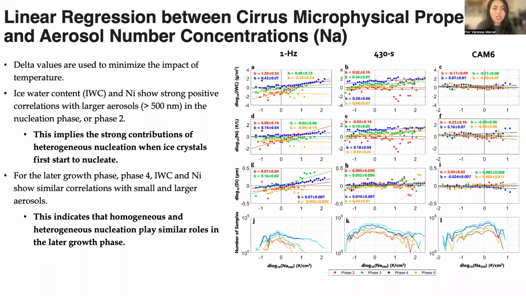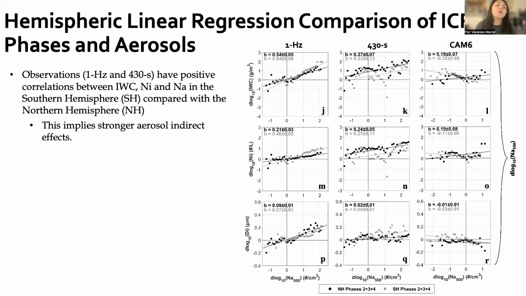For the later growth phase, or phase 4, IWC and NI show similar correlations with small and larger aerosols, and this indicates that homogeneous and heterogeneous nucleation play similar roles in the later growth phase. Finally, we also found that the simulated AIE are weaker when compared to both the observation and coarse resolution observations.